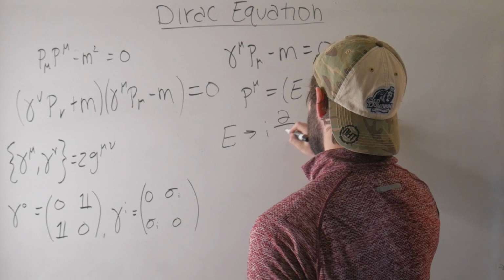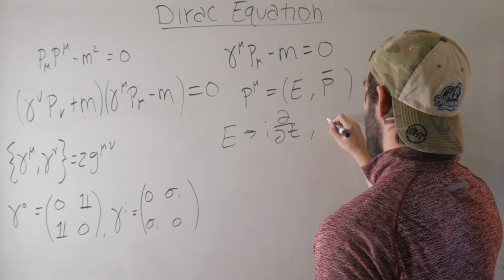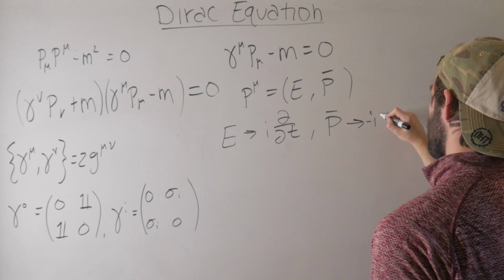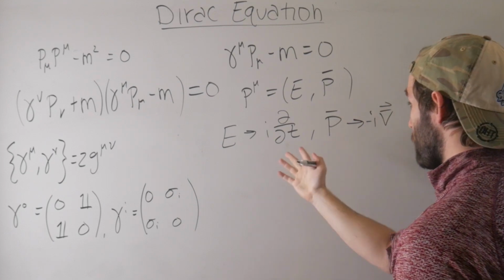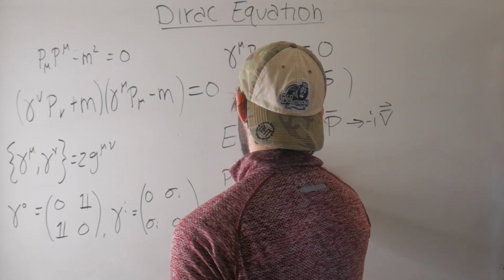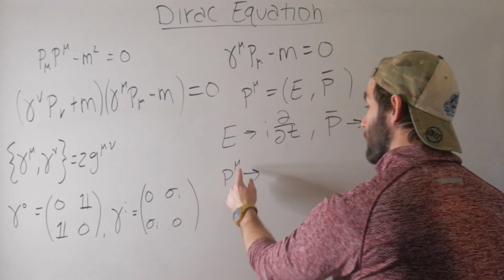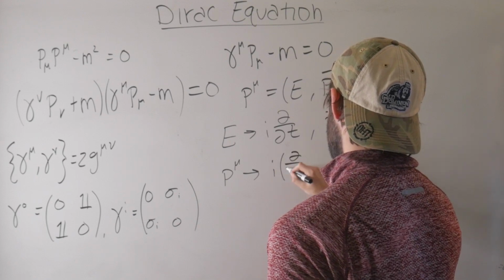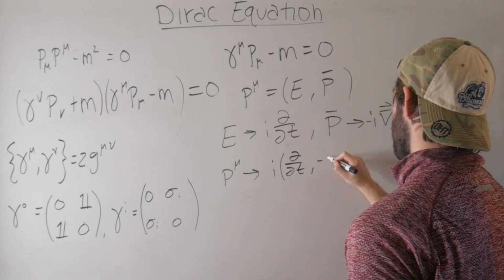So it's just i d/dt. And the momentum goes to minus i times the gradient, where again h bar is set equal to 1. Then the quantized version of our contravariant four-momentum is just i d/dt minus del.